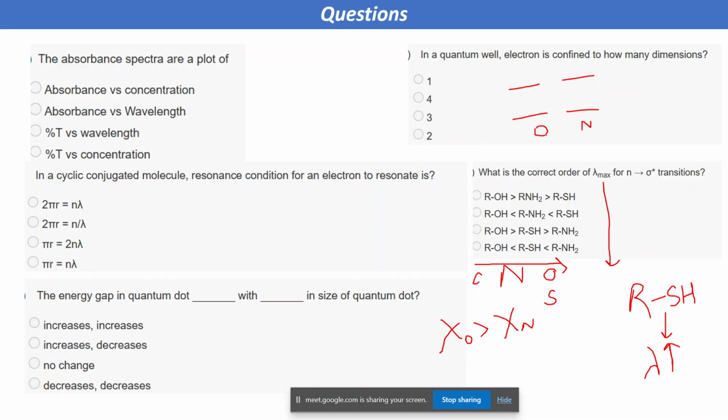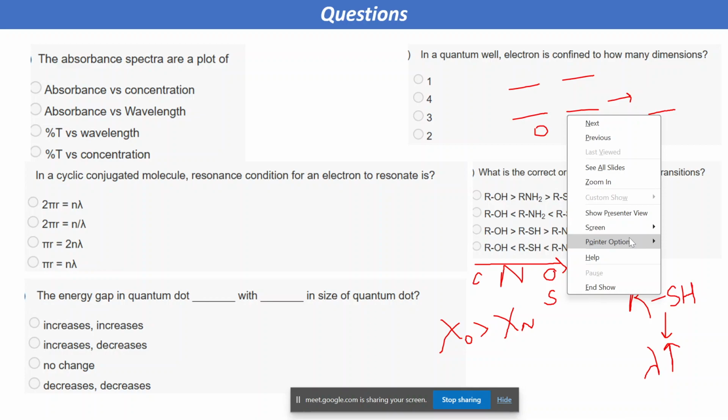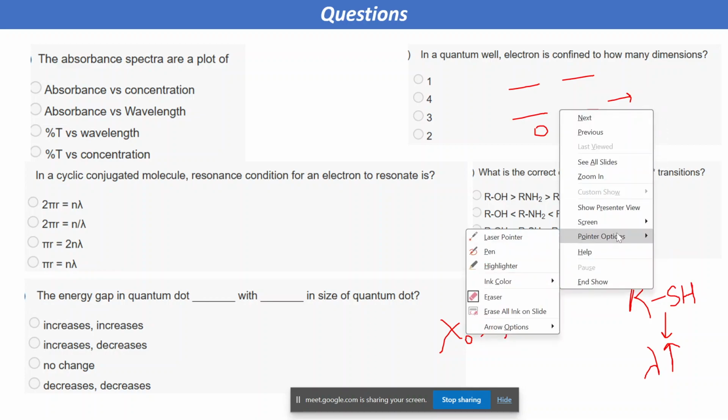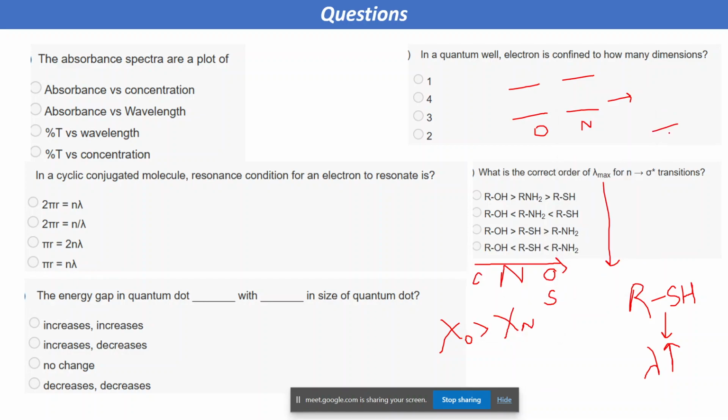But you know that oxygen is more electronegative. So electronegativity decreases the energy, so the HOMO level will be slightly decreased. So electronegativity decreases the energy gap. Nitrogen is less electronegative, so there will also be a decrease, but less than oxygen.